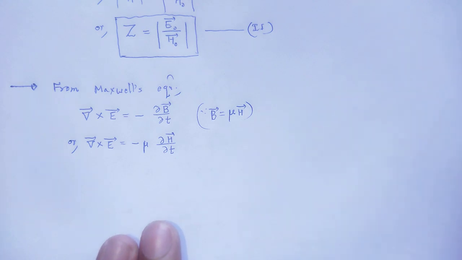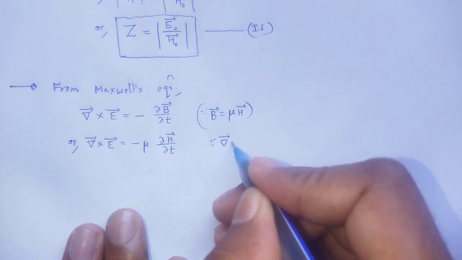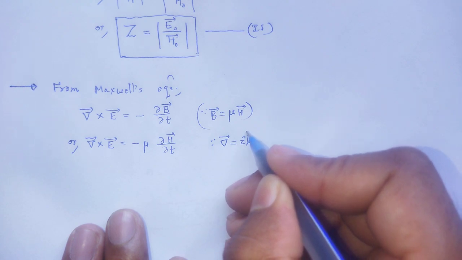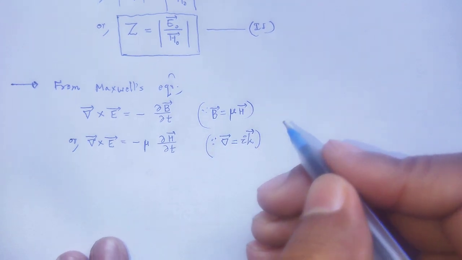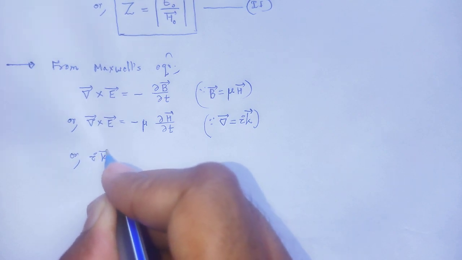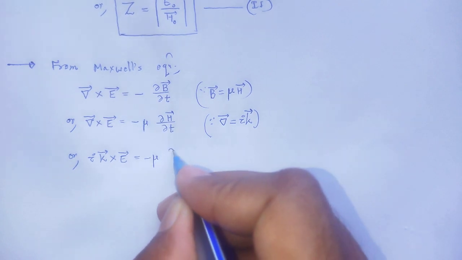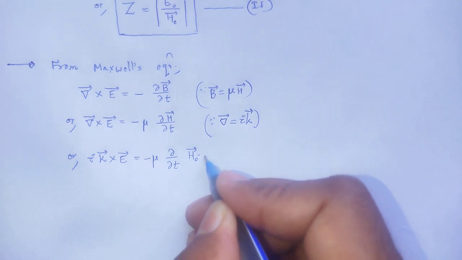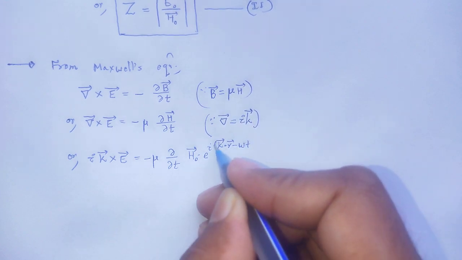As we have already known, the grad operator is equal to i k vector. That is why we can use i k vector cross E vector into minus mu del by del t. Instead of H vector, we write H naught vector e to the power i k dot r minus omega t.